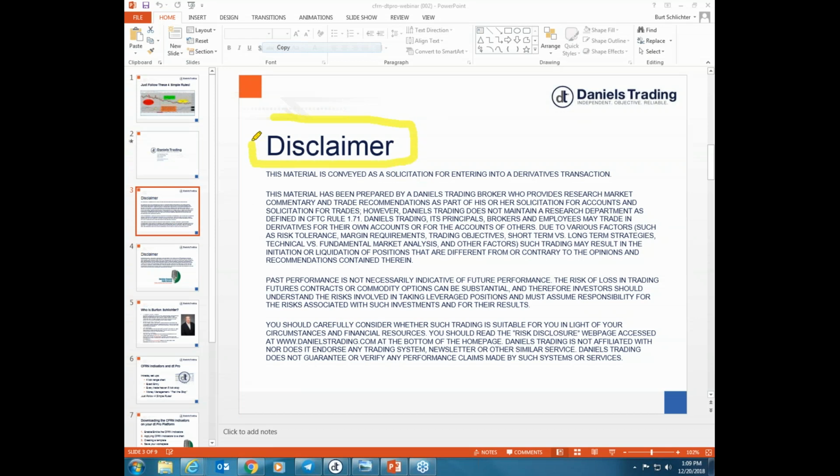Before I get started, I do have to go over the disclaimers. I don't like to just throw it up there and tell you to take a few minutes, but I do like to go over it because I've been doing this for almost 25 years, and I've really seen the good, the bad, and the ugly with this business. So it's worth the extra time. The disclaimer is really meant to scare the new guys that are just getting to know our space, learning what futures is all about. It's a warning flag that this is a leverage business.